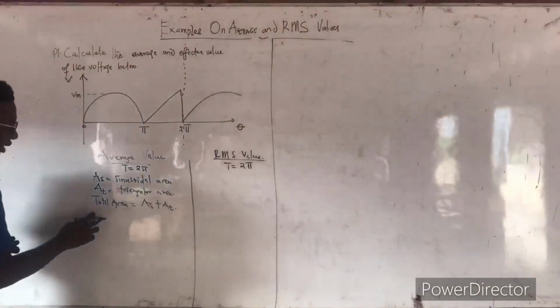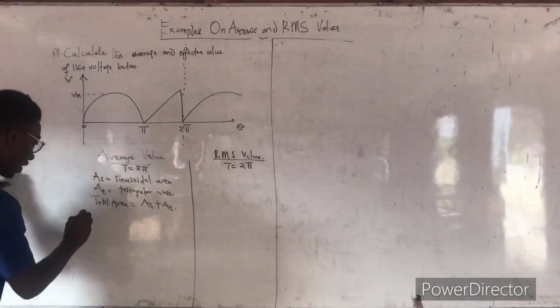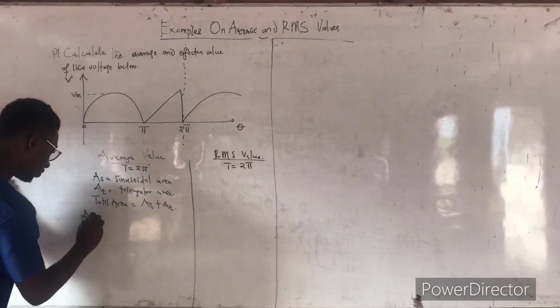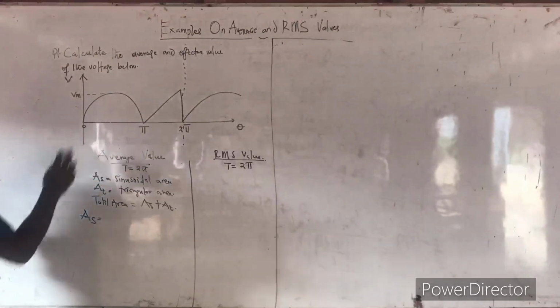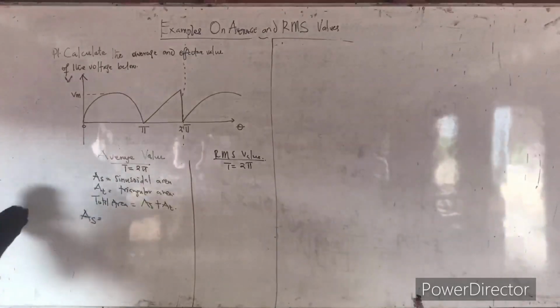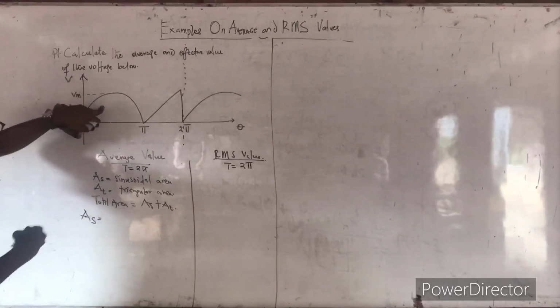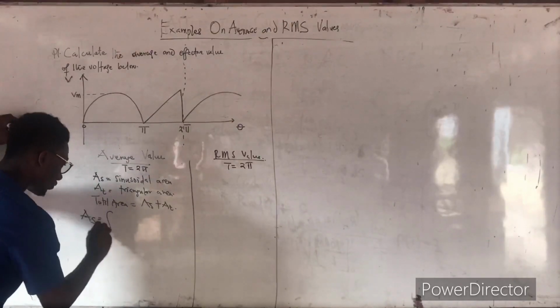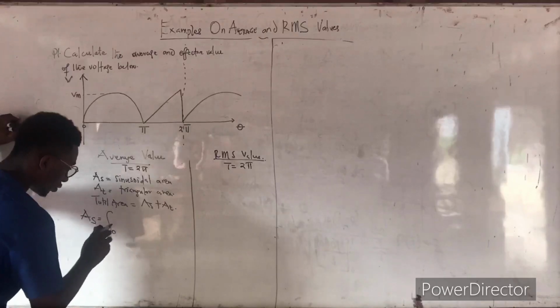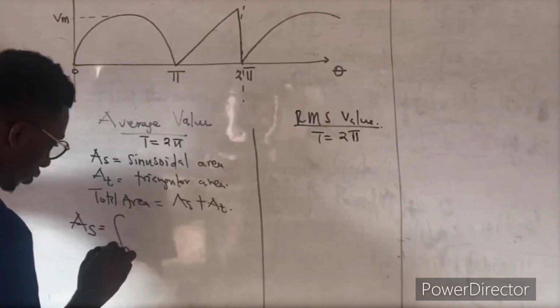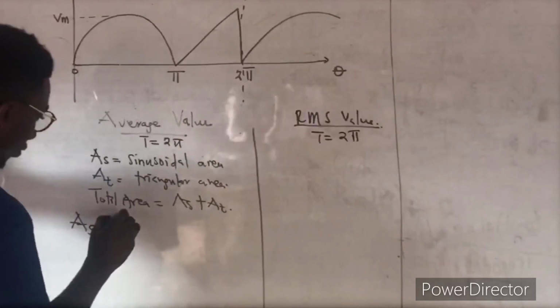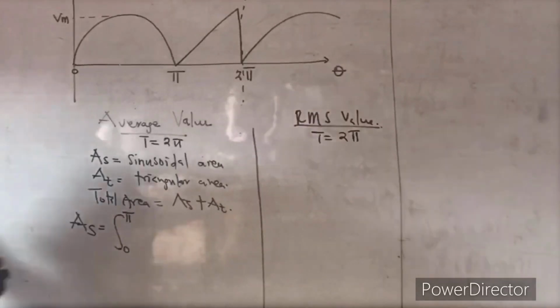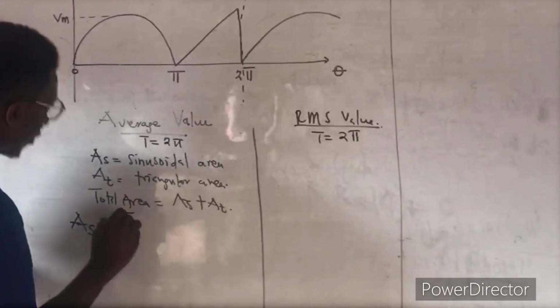Okay, so if you understand this, then we can go ahead and find the AS, which is the sinusoidal area, under the average value. Because this is a sinusoidal quantity, the sinusoidal area is simply the integral from 0 to pi of the peak value.